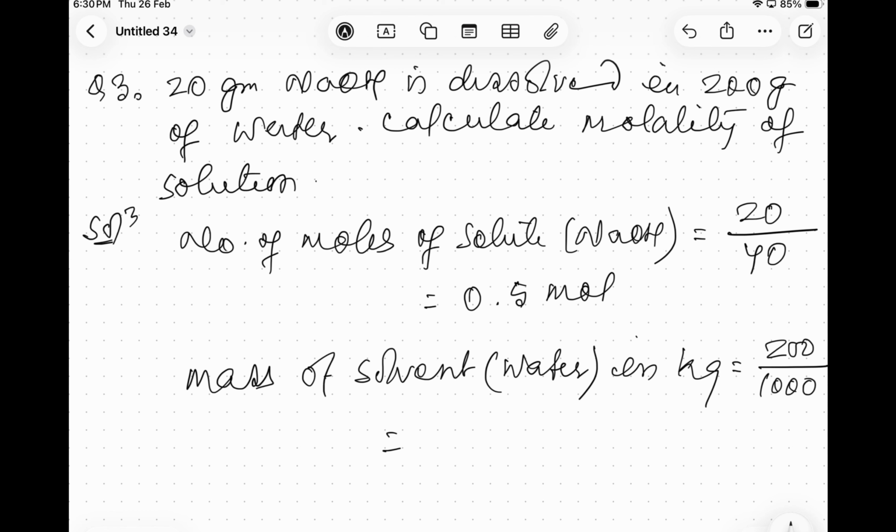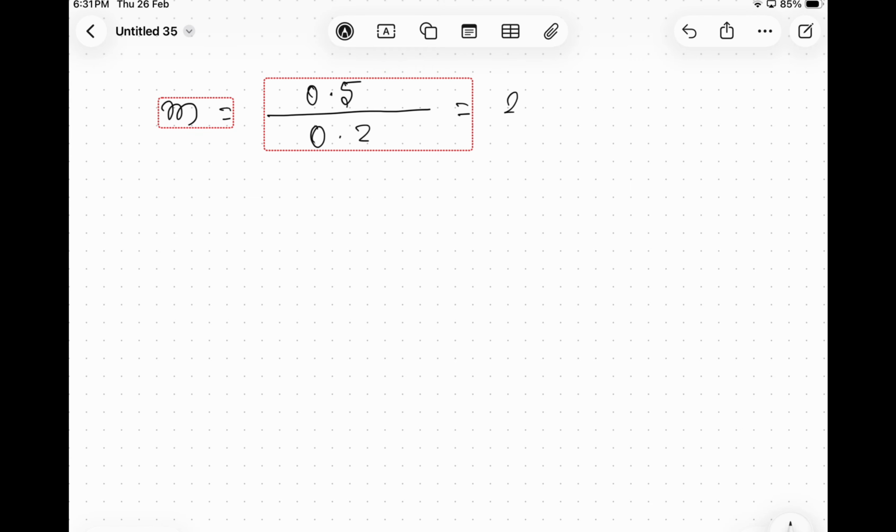It should be 0.2 kg. Now you can put these two values into the molality formula. So molality is 0.5 divided by 0.2, the value is 2.5 molal.